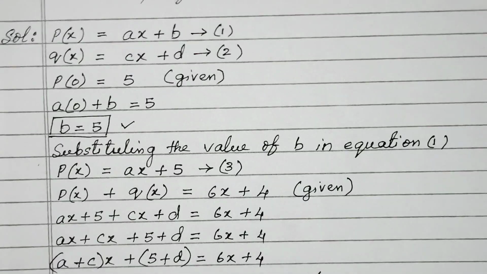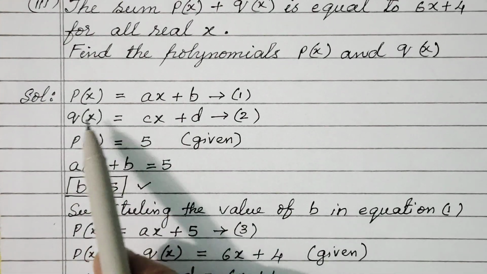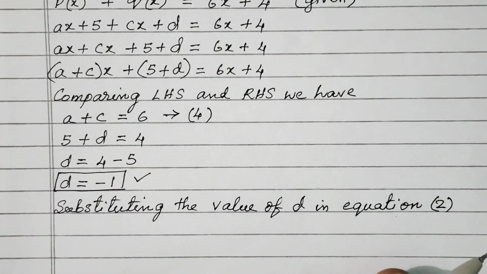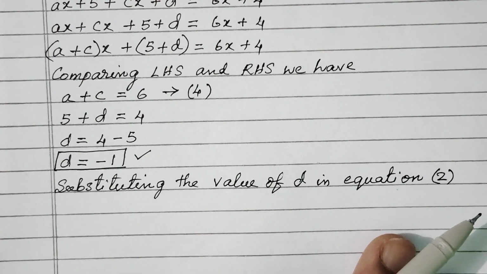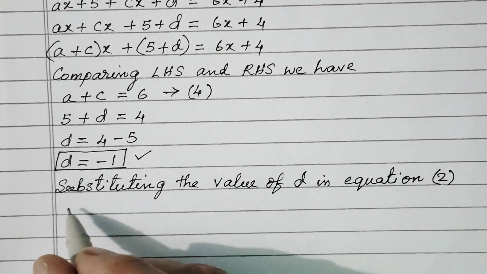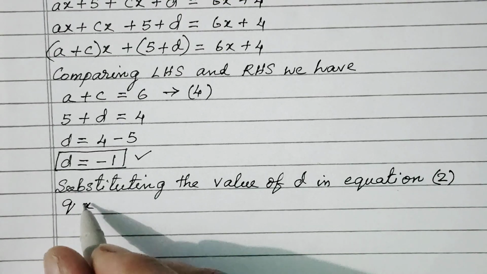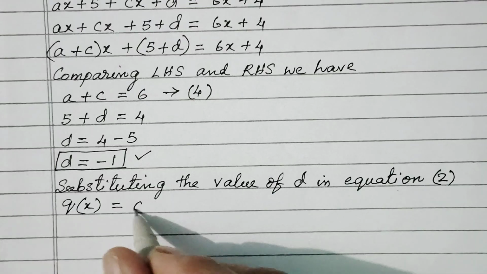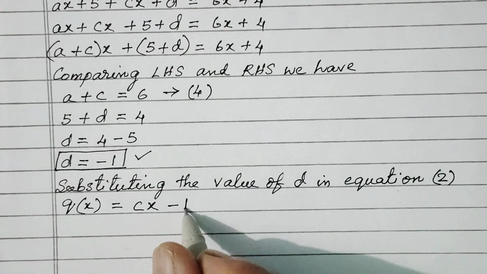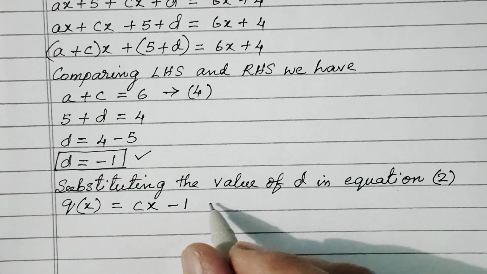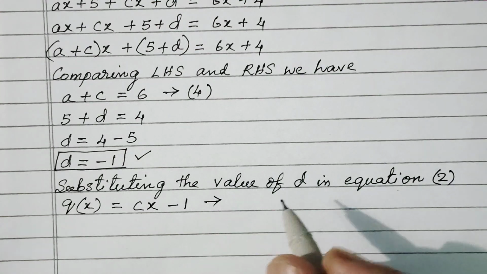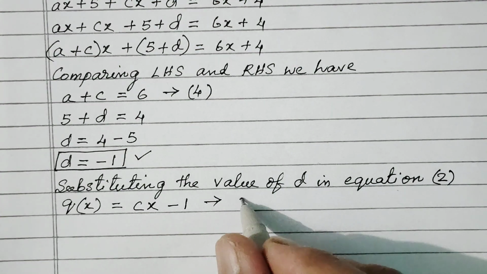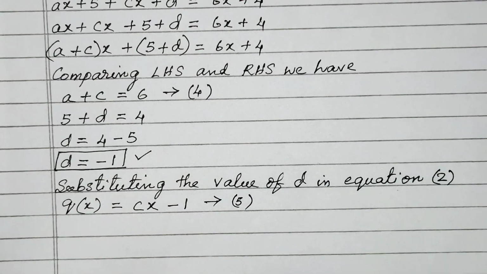So equation 2 is what? q(x) equal to cx plus d. So we'll substitute the value of d in equation 2. So q(x) will be equal to cx minus 1, as d is minus 1. This equation I will label as equation number 5.